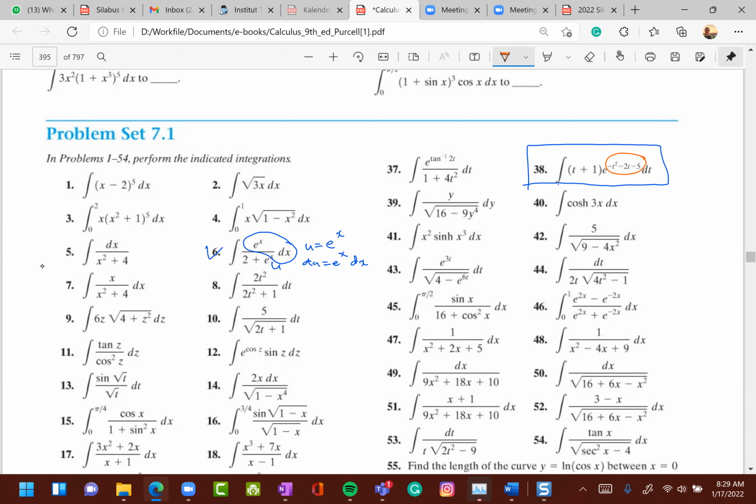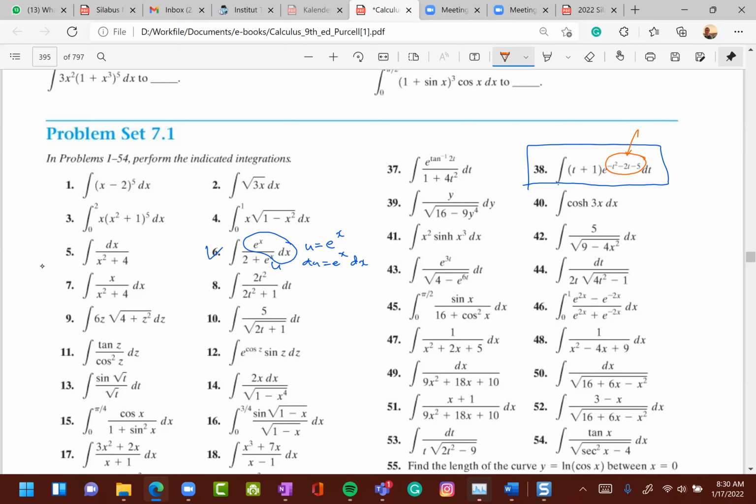While if you choose t plus 1 as your u, then you won't be able to simplify this exponential. So that's the reason we choose this one.